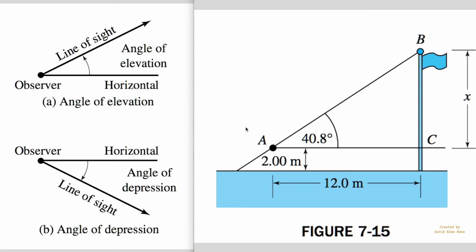Typically, right angle triangle problems are set up where the observer has a horizontal, and based on the horizontal they're going to take a measurement that is an angle of elevation, such as what we have here, or they're going to again have a horizontal where they have an angle of depression, as we're going to see in the next problem.